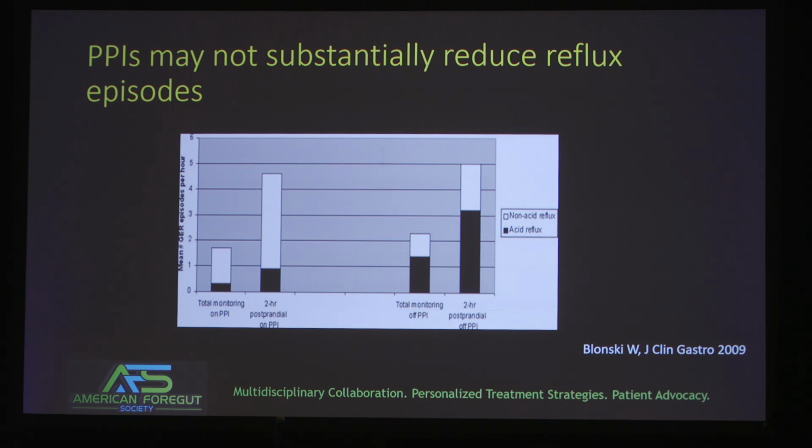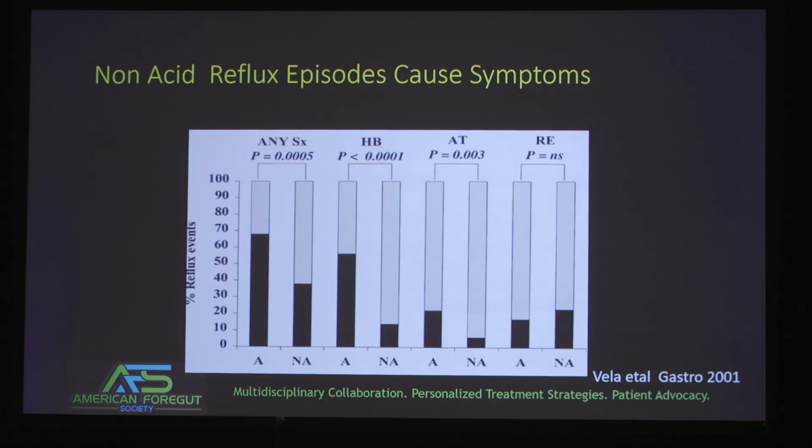Black is acid reflux. The empty box or white is non-acid reflux. So on a PPI, 24-hour, 2-hour postprandial, off of PPI, basically identical. Total monitoring on a PPI, slightly less, but not completely abolished. And remember, both remain, non-acid and acid on a PPI.